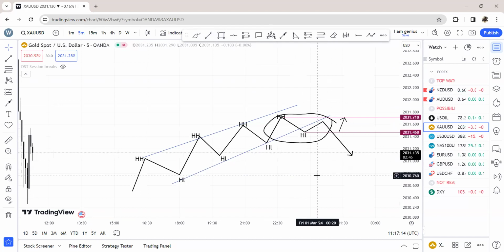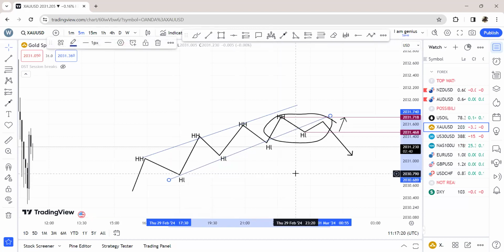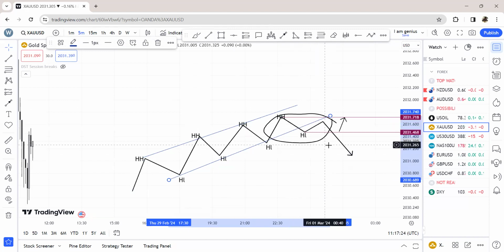But if you want to advance your pure price action strategy, even without this trend line, you would have been able to tell that we had shifted in terms of market sentiment. Instead of an uptrend, we're in a downtrend.